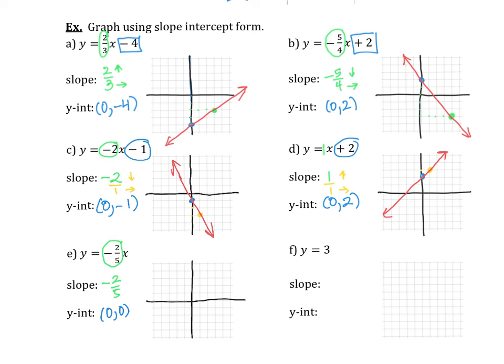So my y-intercept's at (0, 0), at the origin. From there, my slope is negative 2/5. I give the negative to the 2, which means I'm going to go down 2 and right 5. So from here, 1, 2, 1, 2, 3, 4. Once I have 2 points, that is enough to get a good line.